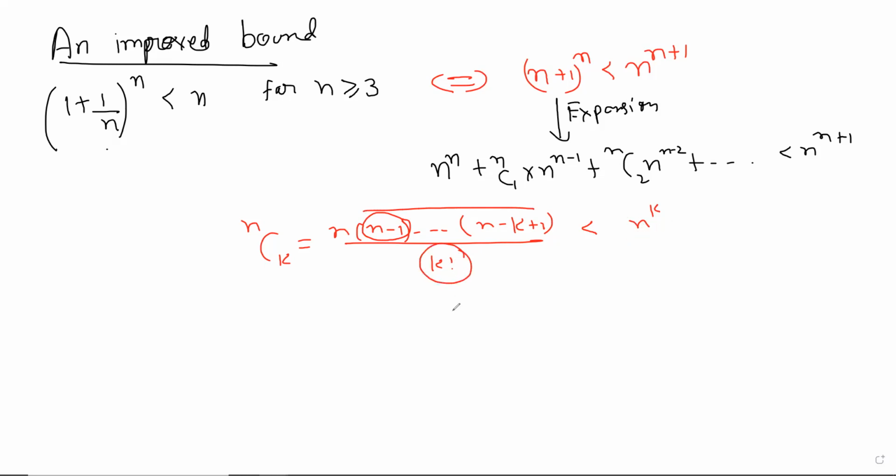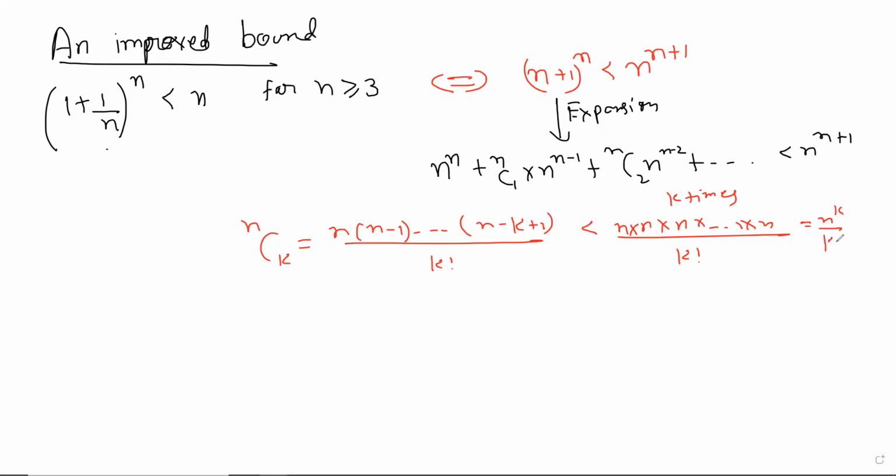It only becomes bigger, right? So just to say it more clearly, this is less than n times n, k times, and this is again k factorial. So this is equal to n to the power k by k factorial, and this is obviously less than n to the power k. So n choose k is less than n to the power k.